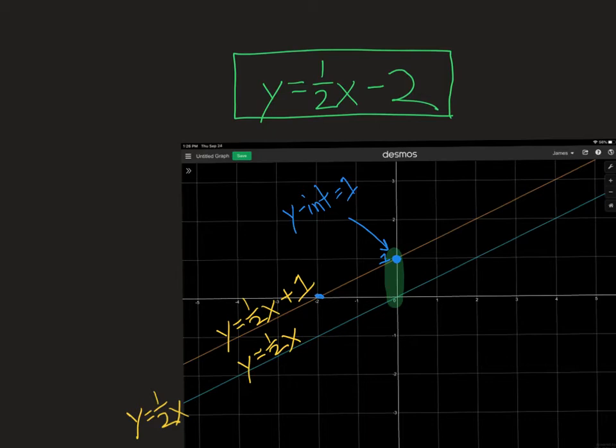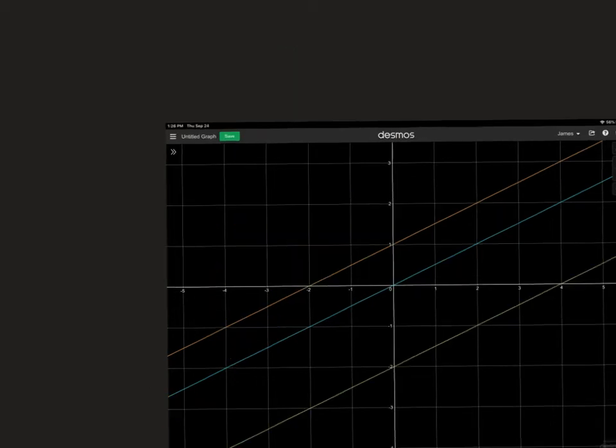And we see right here where our brown line crosses the x-axis, and there's its x-intercept. -2. All right, it's time for you guys to do a little more. Were you correct? Because there it is. -2 brought our line down 2 points.